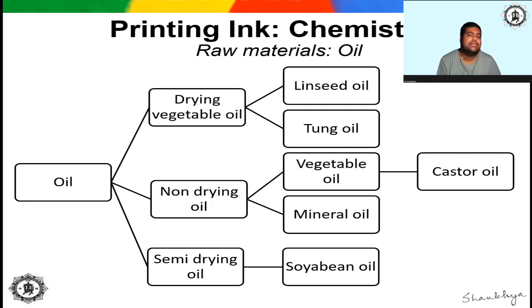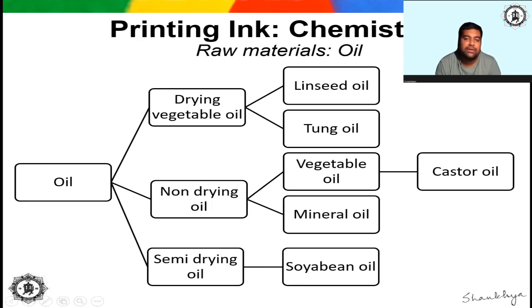If you remember correctly, how inks are basically classified based on the types of vehicle system. So I had told you that the oleoresinous vehicle systems are responsible for creation of these pastes basically, and your solvent and colorant systems are used for creating your liquid inks. Now oil is basically part of that paste itself.